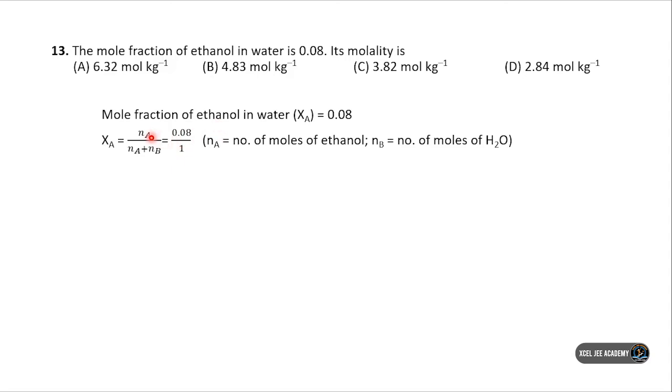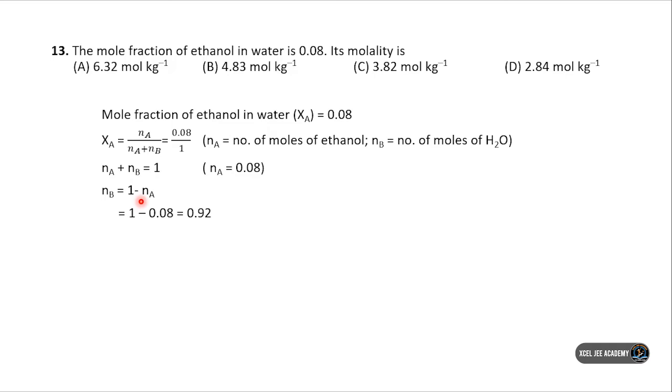So we can write that Na plus Nb is equal to 1 and Na is equal to 0.08. So we can find that Nb is equal to 1 minus Na, which is equal to 0.92.